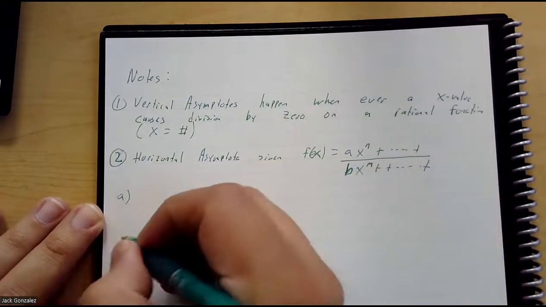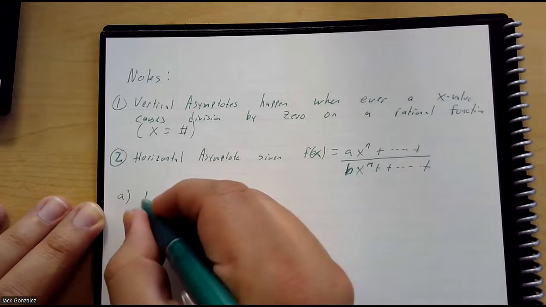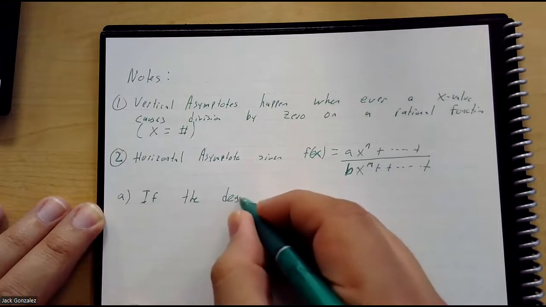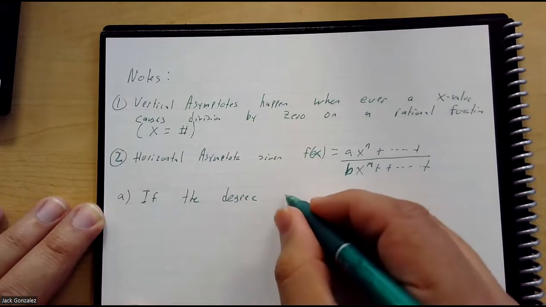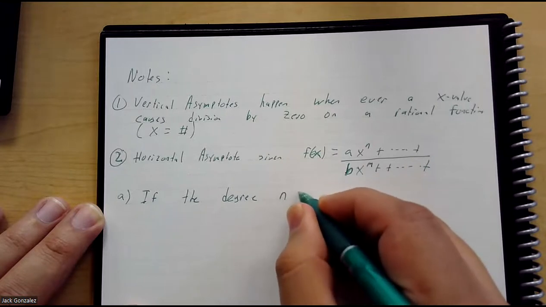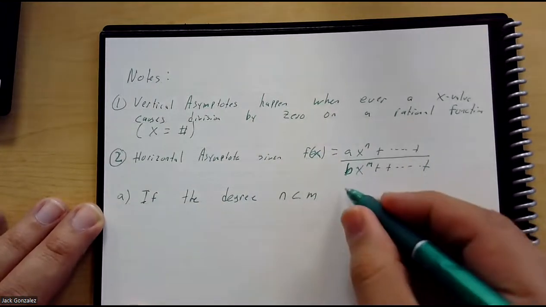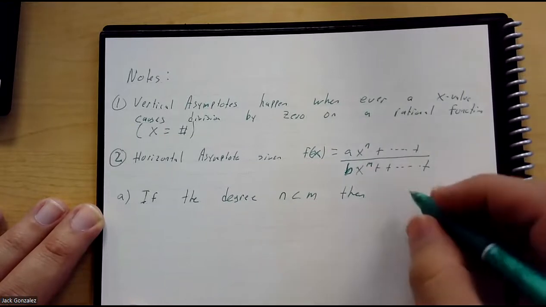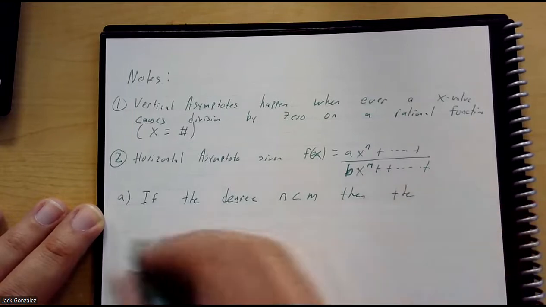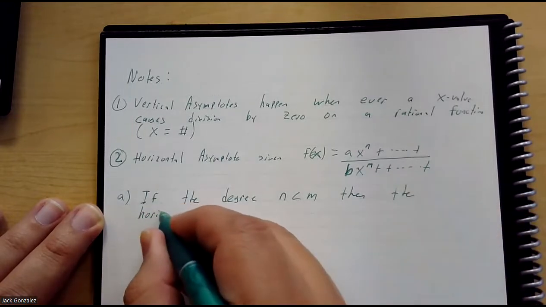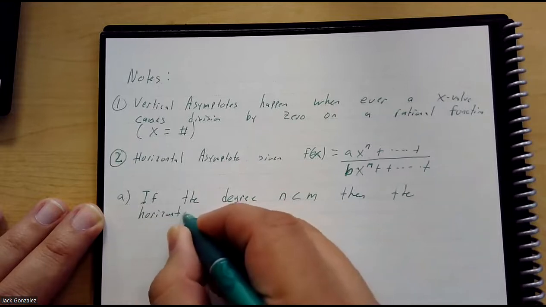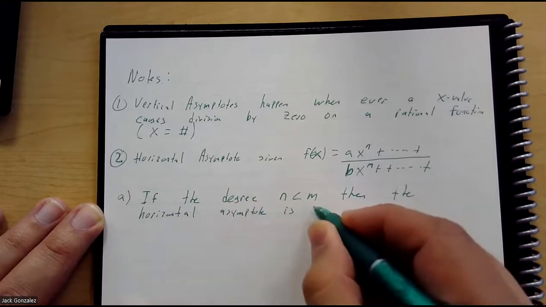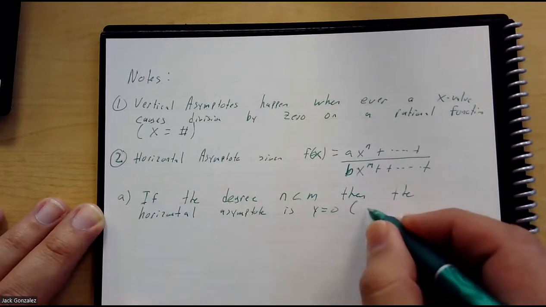Scenario A: if the degree n is less than m, then the horizontal asymptote is y equals 0.